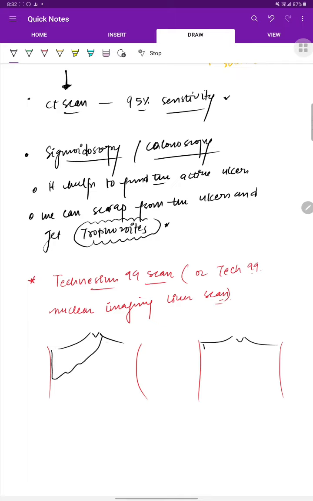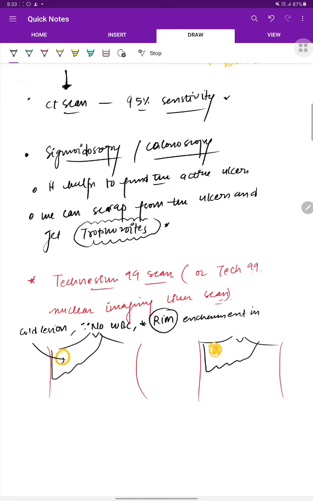How? When we look at it, the amoebic liver abscess is a cold lesion, because there is no WBC, with rim enhancement in Tech 99 scan.